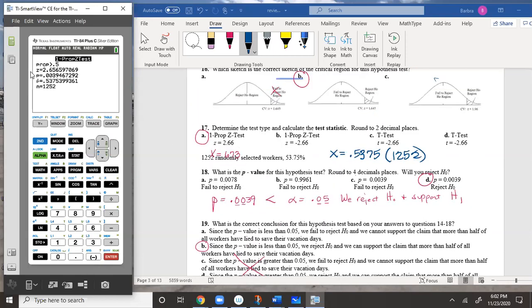So the test statistic is Z equals 2.657, or 2.66 rounded to the nearest hundredth. And so the correct answer is A, and the p-value is 0.0039. Now we compare the p-value with the alpha. Since the p-value is smaller than alpha, we reject the null and support the claim. So D is the correct answer for number 18.